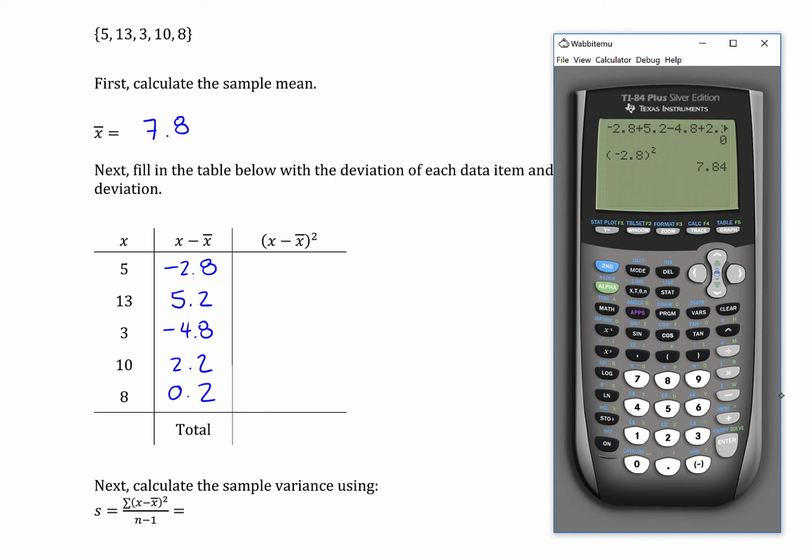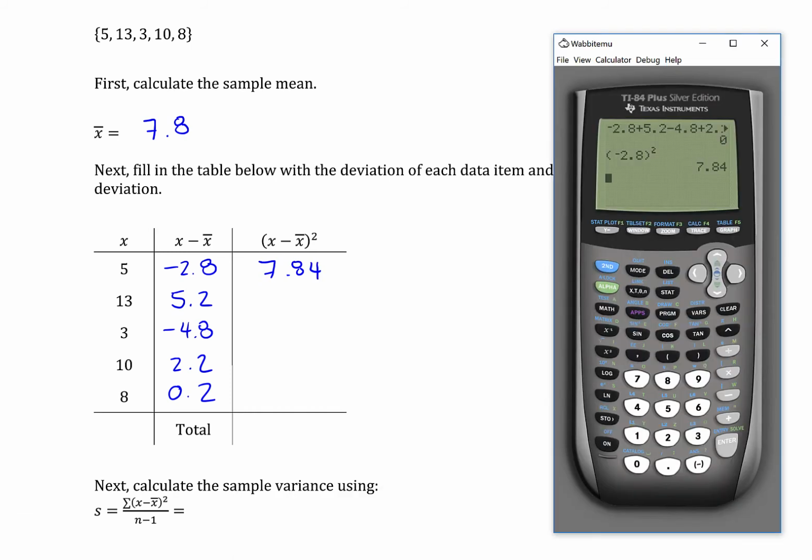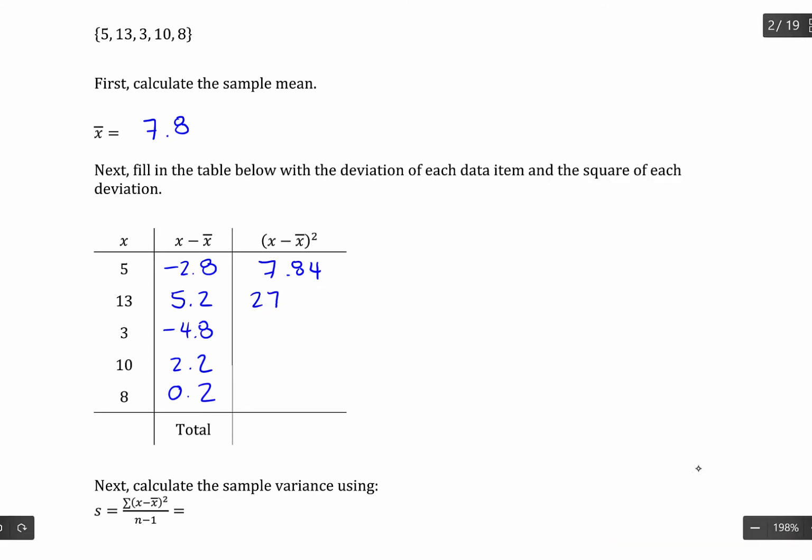That's what we're trying to achieve, making sure the answers we come up with are all positive. So 5.2 squared is 27.04.